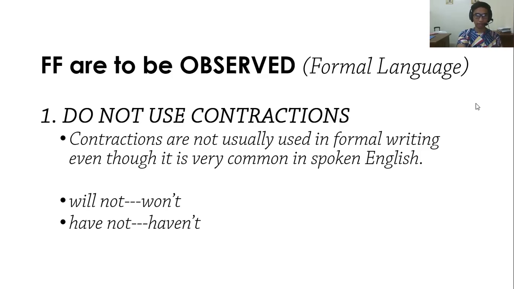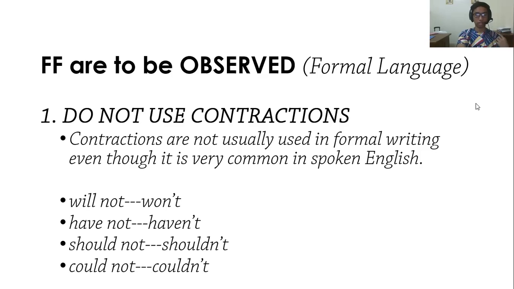Instead of haven't, you should spell it out: have not. Instead of shouldn't, it should be should not. And instead of couldn't, you should use could not. So that is the first thing to observe: do not use contractions.